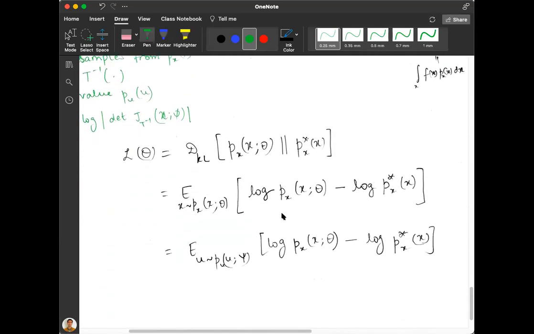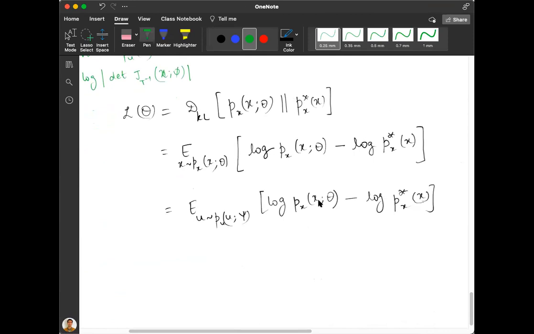So here I will convert all these X into essentially T of U. Does that make sense? I didn't do anything. I just changed this sampling from X to U, and I proved that these two are the same.